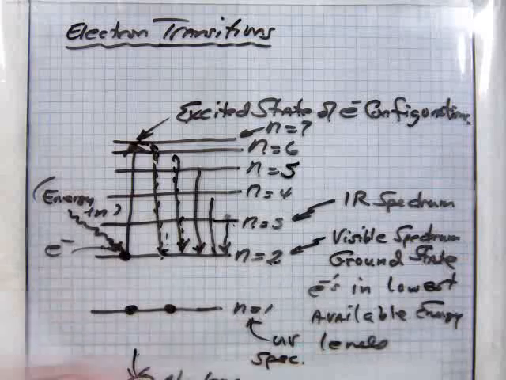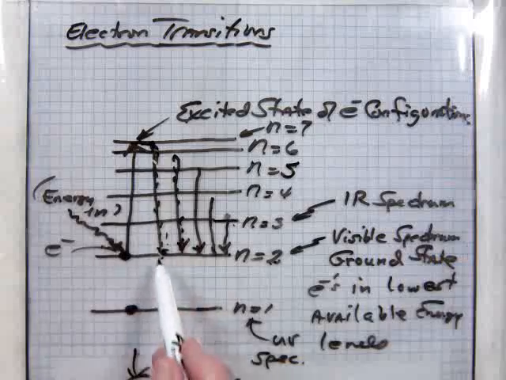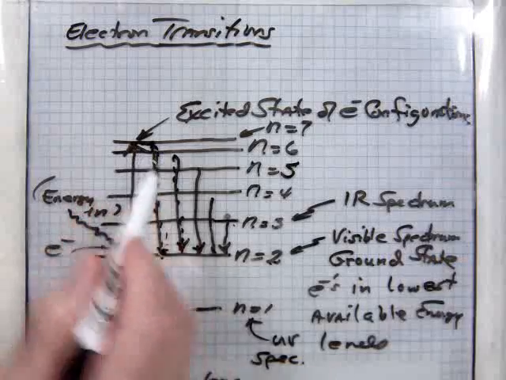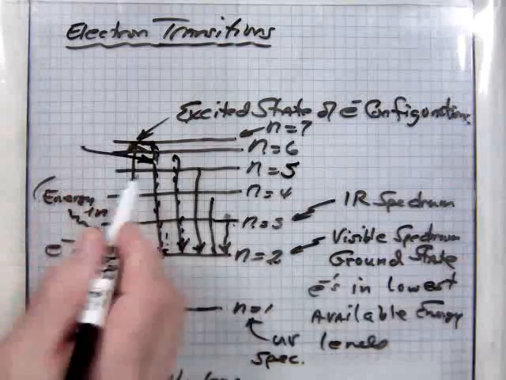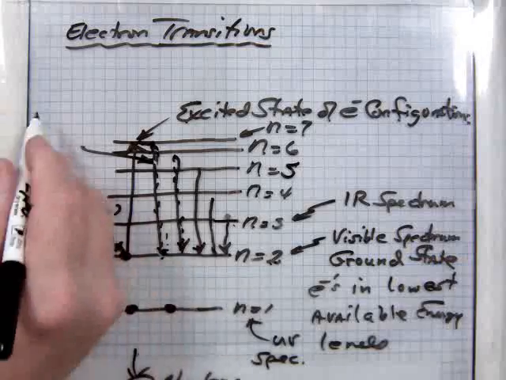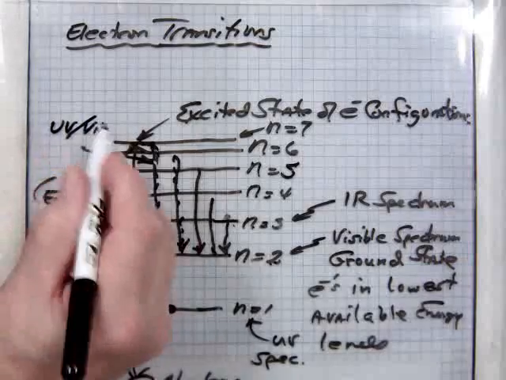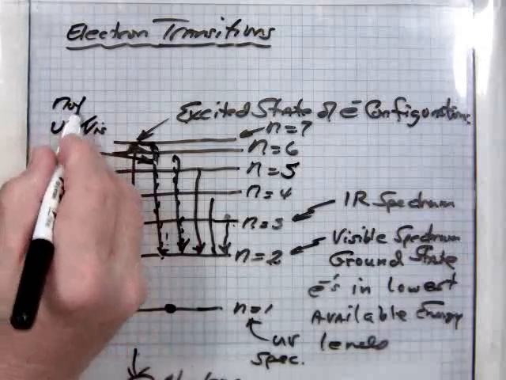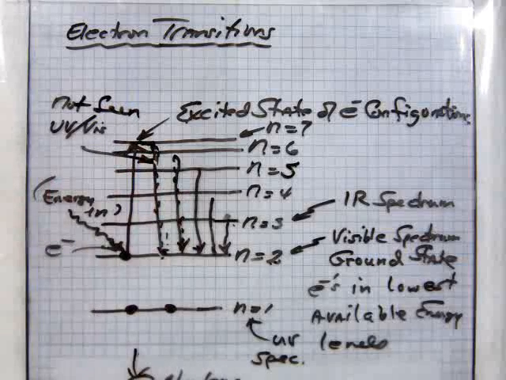Okay? Now, the 7 to 2 transition, we can't see, and it's still part of the visible, but the wavelength is so short and the energy is so high, this is borderline UV visible, not seen with the naked eye, so to speak.